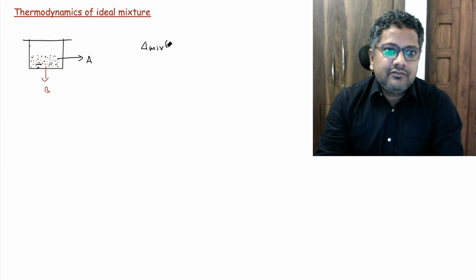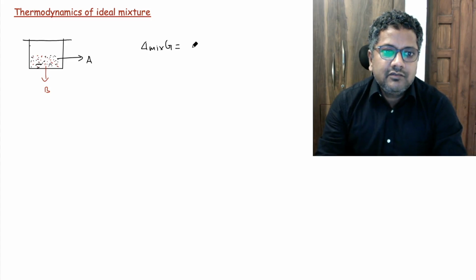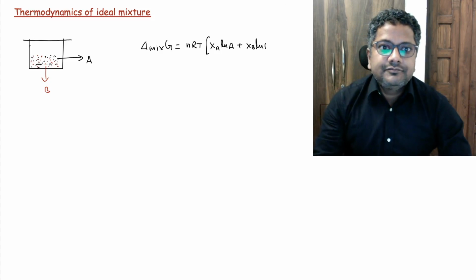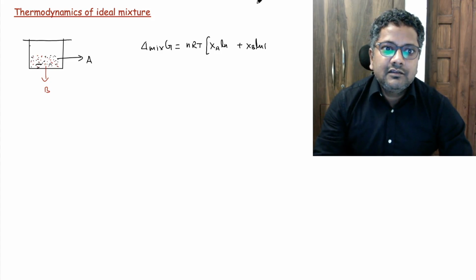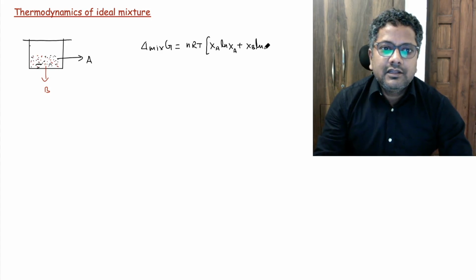Delta G mixing for this at given temperature and pressure should be equal to nRT (XA ln XA plus XB ln XB), right?